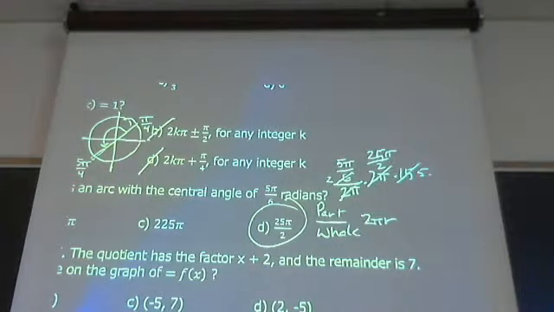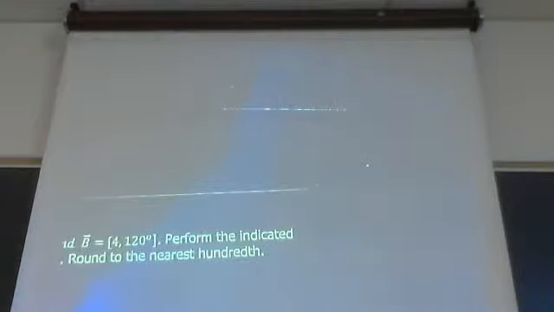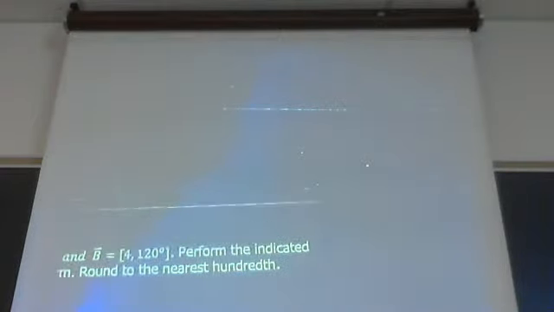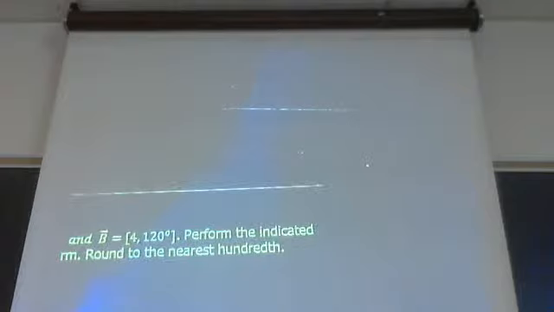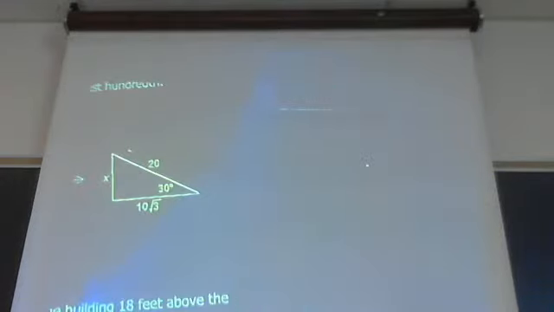Let's see what's next on my list. 58 is next on my list. And then I've got 61 through 64. 66 through 70. I'm just circling problems that I need to do. 66 through 70. 74. 79 and 80.